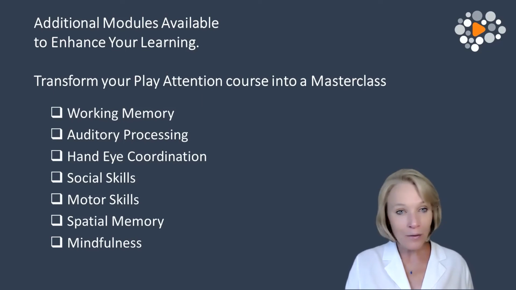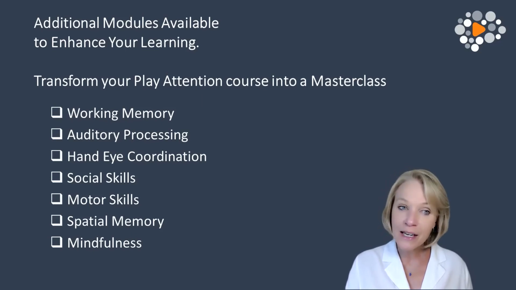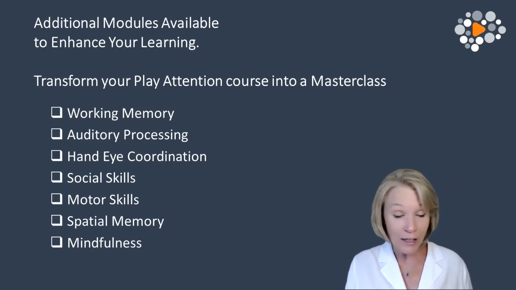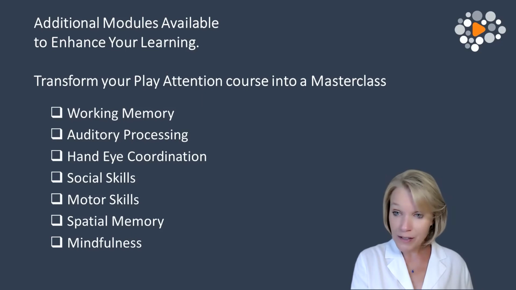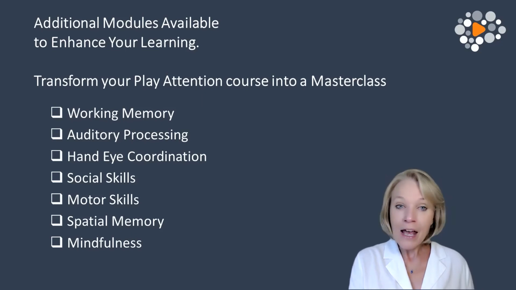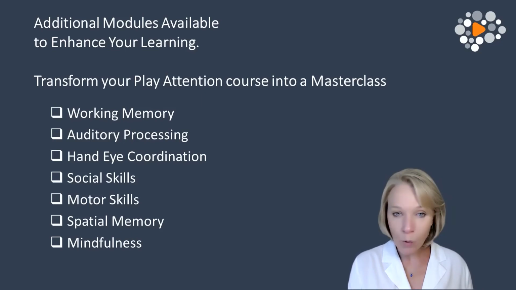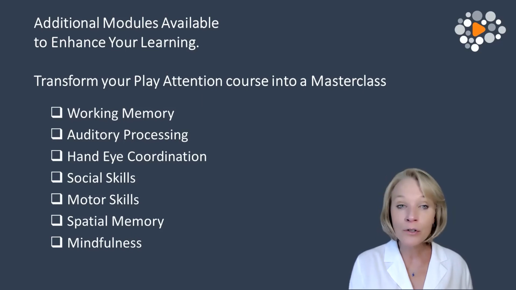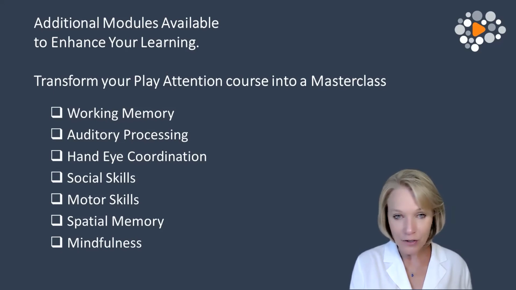Now, remember, the end goal is to improve executive function. So although you don't see organization or emotion regulation in our course modules, in order for you to be more organized, in order for you to, let's say, control your emotions, you have to be able to pay attention to the entire situation.